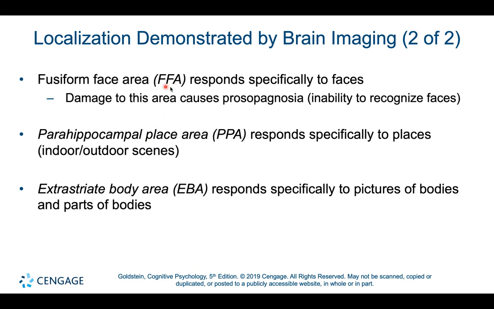So the FFA only responds to faces. It responds to all faces, but it only responds to faces. That's it. And damage to the FFA causes a disorder known as prosopagnosia, which is the inability to recognize faces. It's difficult to know how many people are living with prosopagnosia, but actually quite a few.